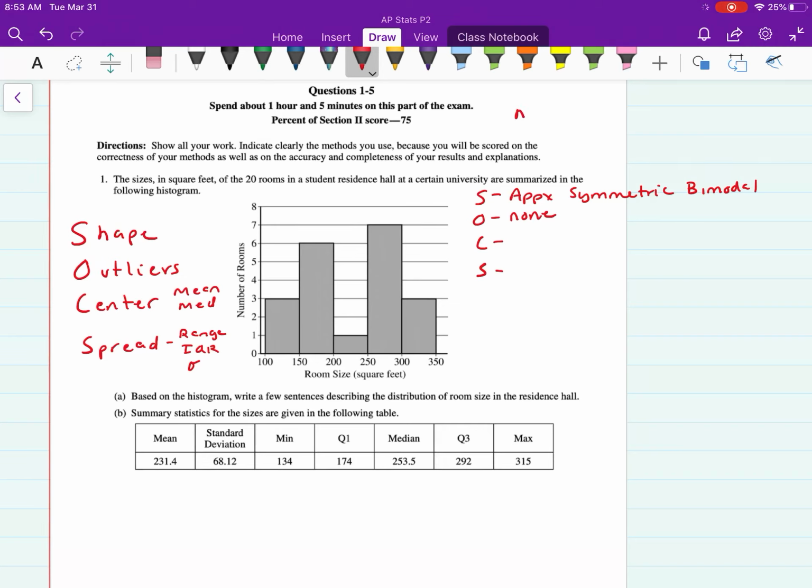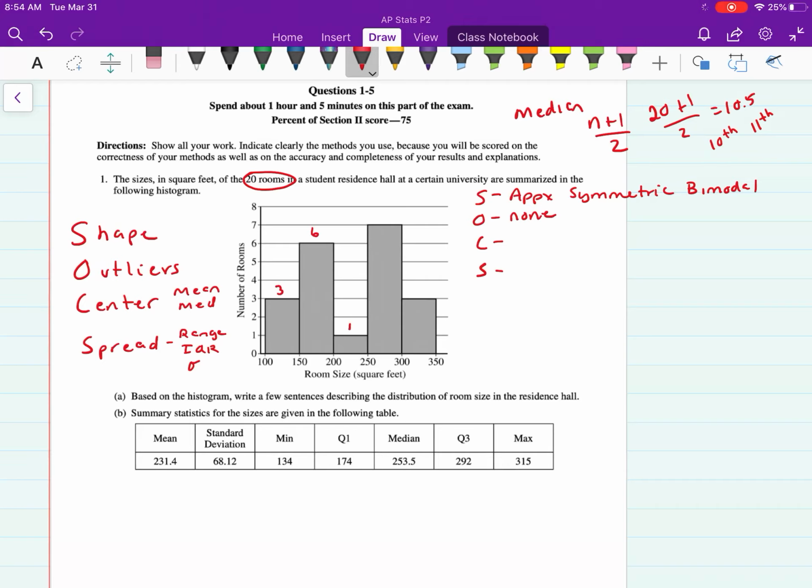So this is the n plus 1 divided by 2 trick. For median, n plus 1 divided by 2. N is the sample size, which is 20 rooms. So where would the middle of 20 rooms be? 20 plus 1 divided by 2 is 10.5. 10.5 is in between the 10th and the 11th.